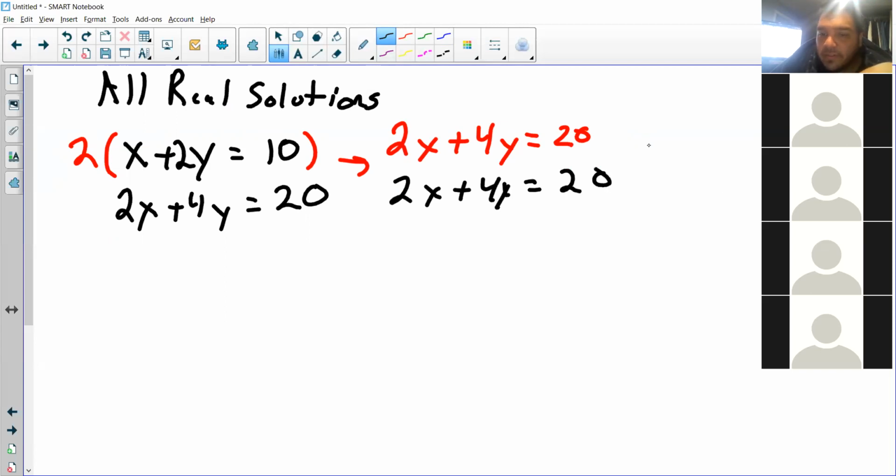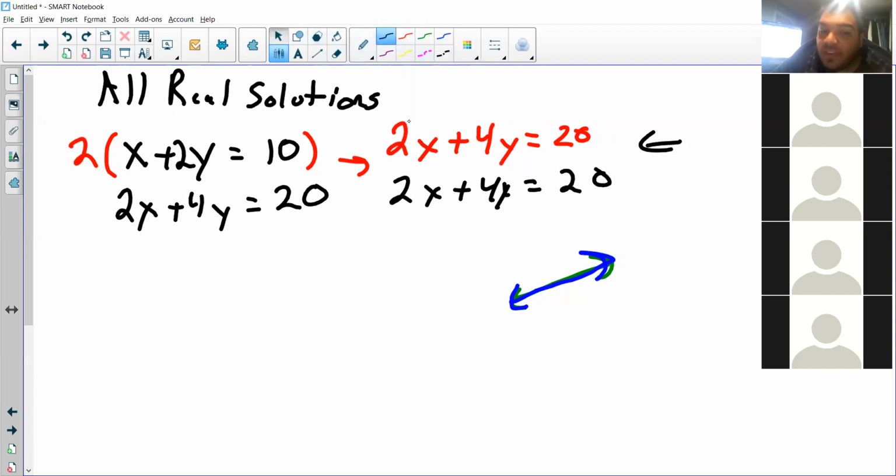At this moment, you will be able to see, wait a second, I literally have the same equation. So because I have the same equation, these two lines overlap. So they actually are intersecting at every possible point.